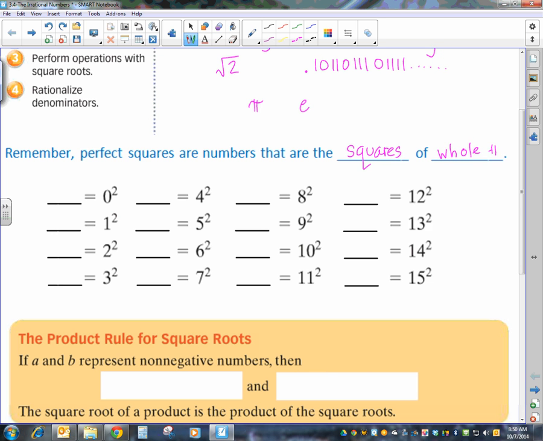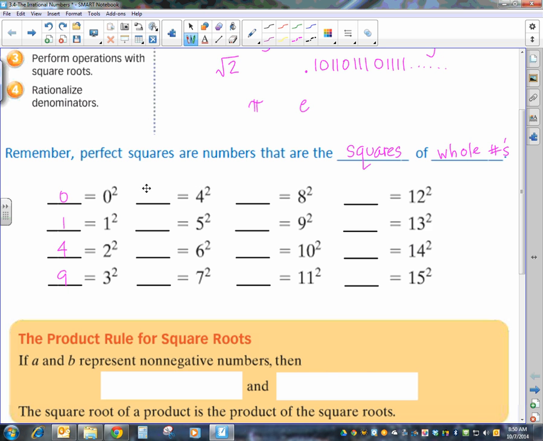I have a list here that you need to be familiar with. That's what's going to help you simplify your radicals. I gave the first 15 whole numbers, and we're going to square them. 0 squared, 1 squared is 1, 2 squared is 4, 3 squared is 9. Remember, when you square a number, you're multiplying it by itself.